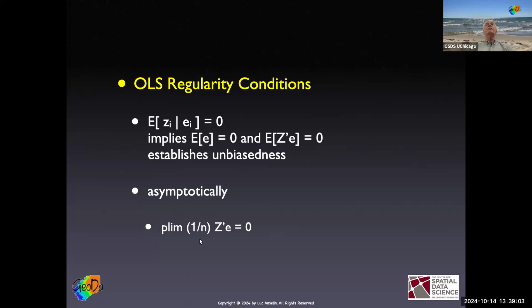So this not only holds in finite samples where we use the expected operator, but also in the limit. And in the limit, we use these other operators. If you've never seen this before, it looks a little weird, but these are probability limits. It is basically using things like laws of large numbers and central limit theorems to prove uncorrelatedness in the limit. Now, the limit doesn't exist, right? It's a mathematical construct.